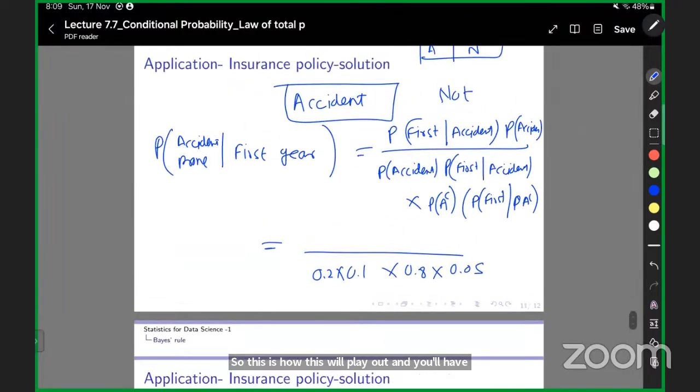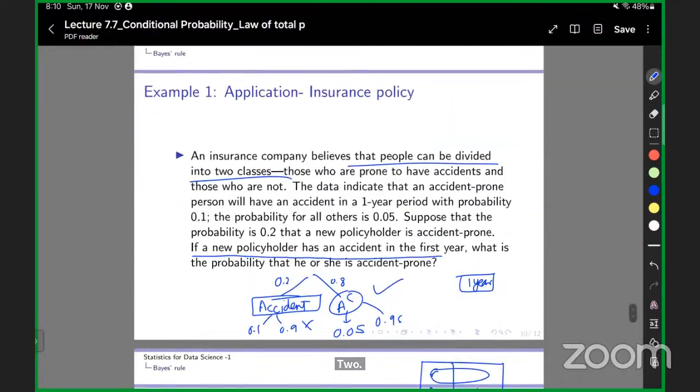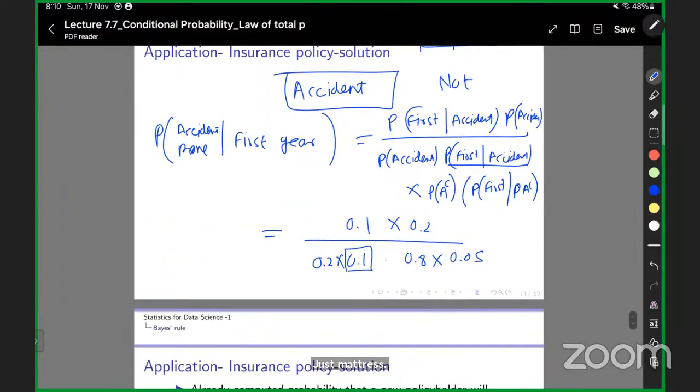Now we want to figure out what is in the numerator. Somebody who had an accident and he's in first year, actually we already figured this out. This is 0.1, correct? So who met an accident and is from first year is 0.1, and the probability of going through an accident is 0.2, right? So to wait, this multiplication, no, this is going to be addition, this part.